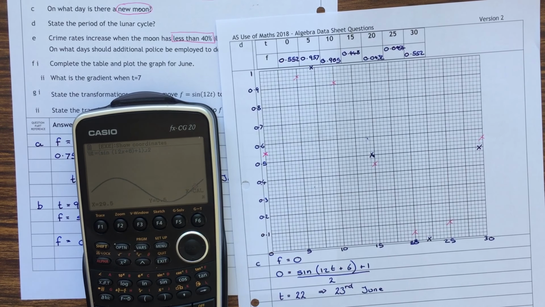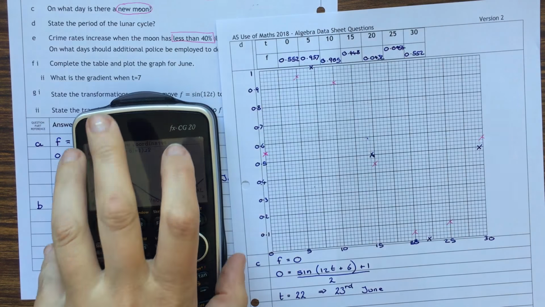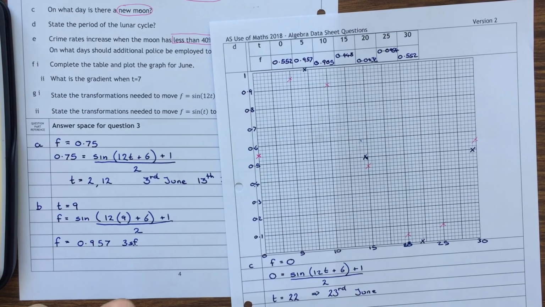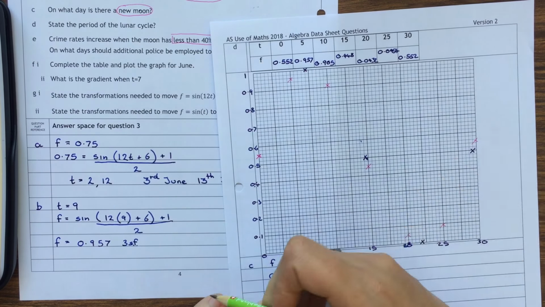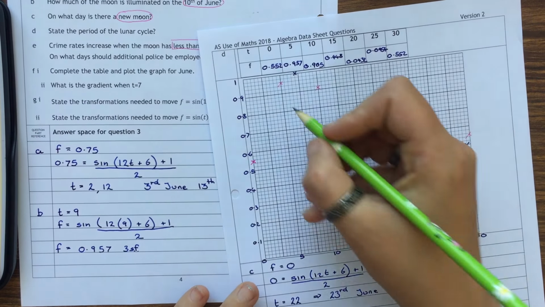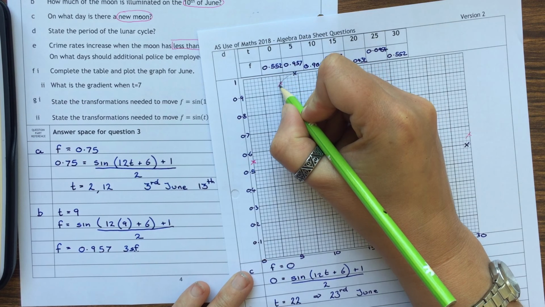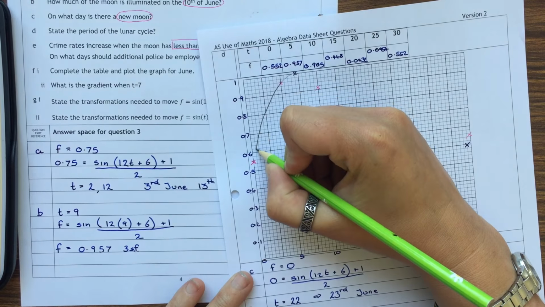Key things that they are looking for when you are doing graph sketching. You need a smooth curve. They also talk about a sawtooth. A sawtooth looks like it does on a saw, which goes straight up and down. You're not allowed that either. So it's going to be flat at the top.